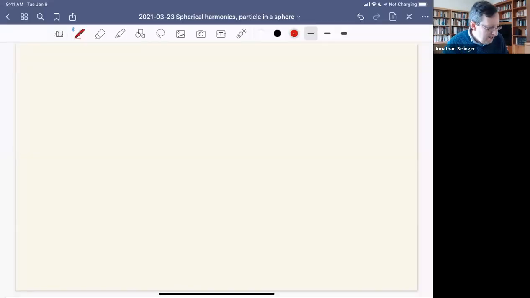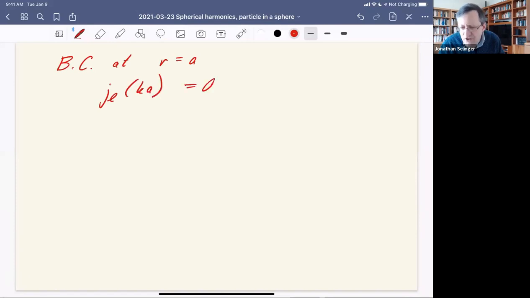Okay, so if we want the boundary condition at r equals the radius of the sphere, that means we must have j_L of ka equals 0.